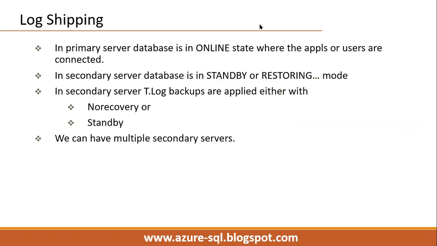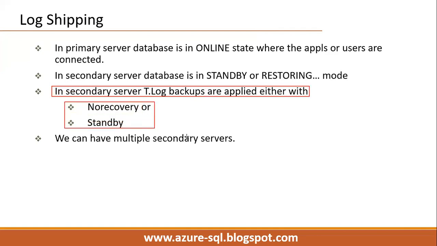Next, check here: in the secondary server, transaction log backups are applied either with no recovery or standby. If the database is in standby state, log backups are applied with standby.